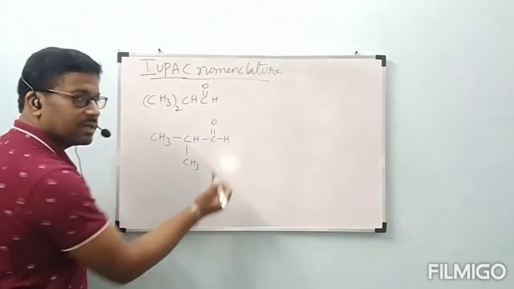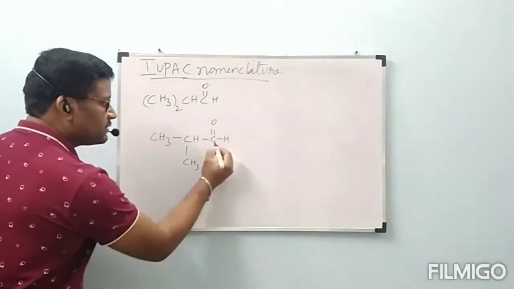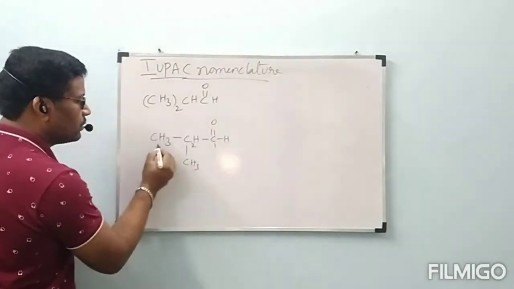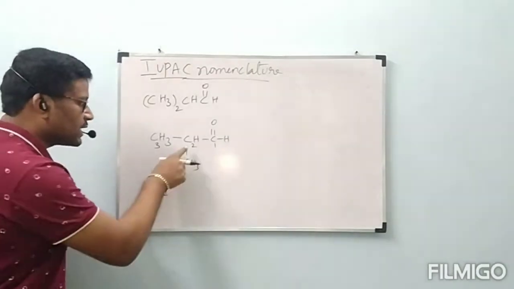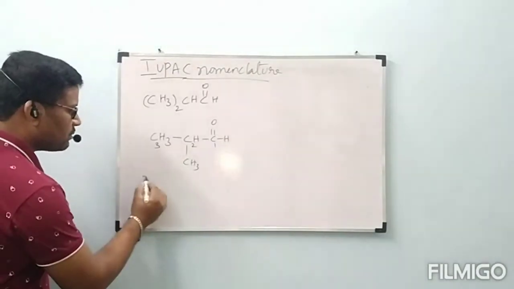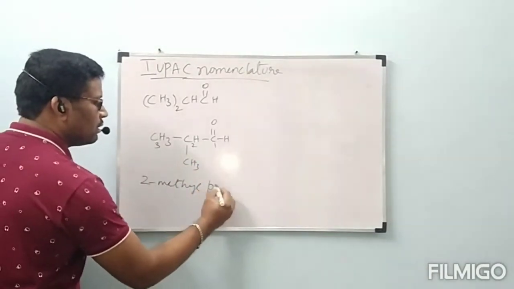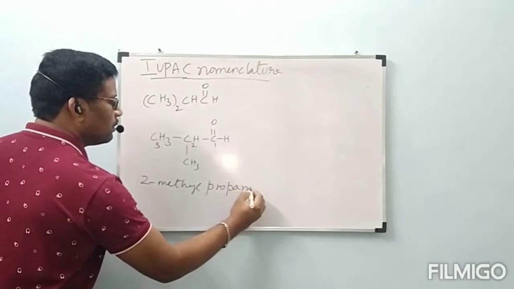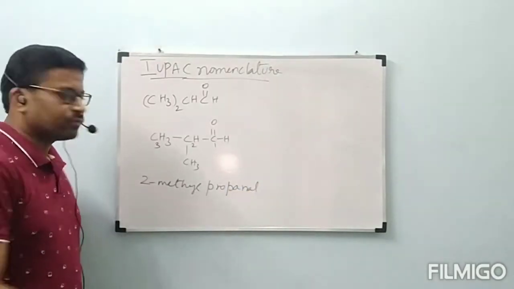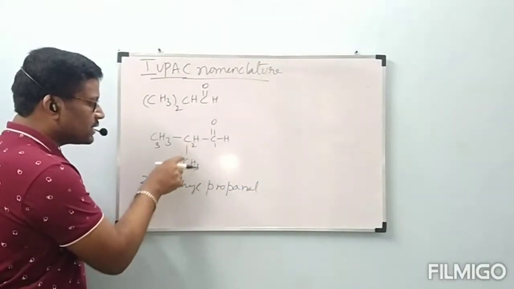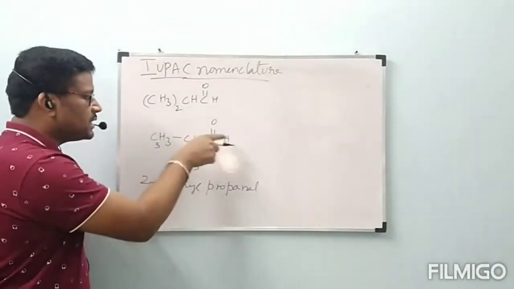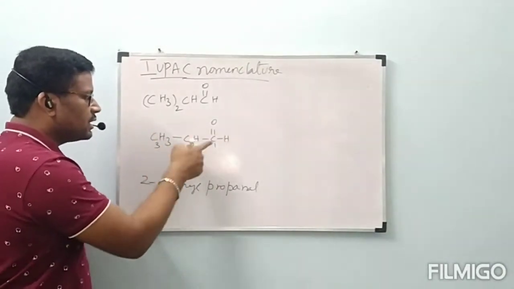We start numbering from the functional group, from the right side: 1, 2, 3. On the second carbon we have a methyl group. So the name is 2-methyl propanal. Three carbons are there, with the methyl group on the second carbon. The parent chain contains 3 carbons.